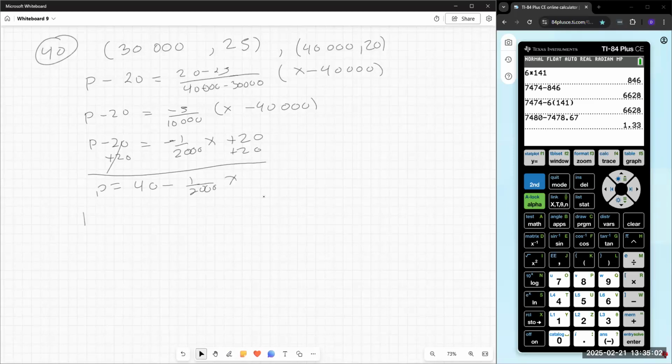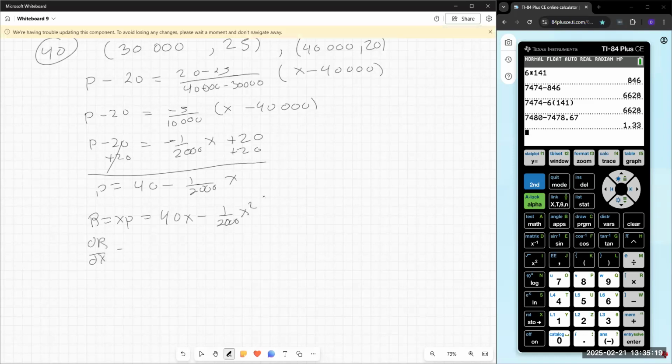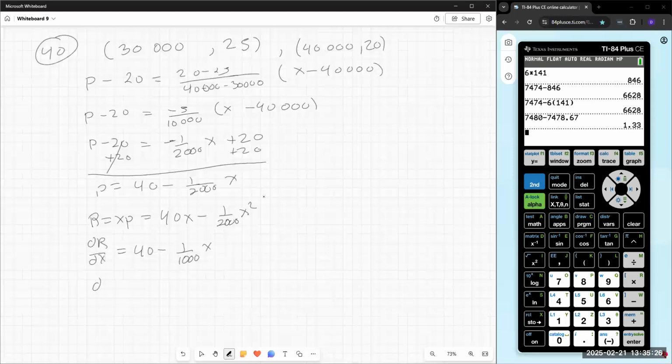So my revenue function is XP, which is 40X minus 1 over 2,000 X squared, making dR/dX equal to 40 minus 1 over 1,000 X. dR is exactly 40 minus 1 over 1,000, let's just call this 0.001 X dX.